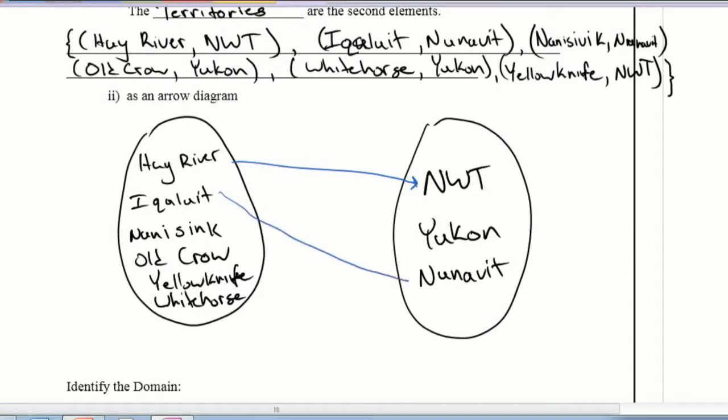Nanisivik was in Nunavut as well. Old Crow was in the Yukon. Yellowknife was in the Northwest Territories. And Whitehorse is in the Yukon.